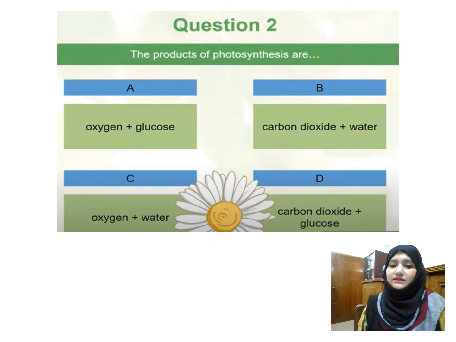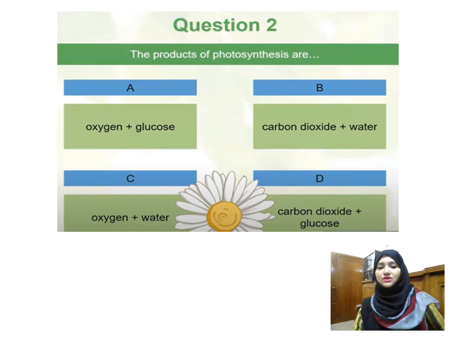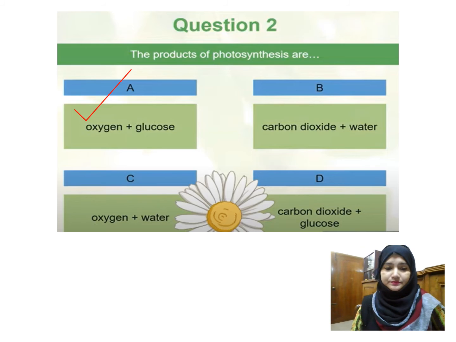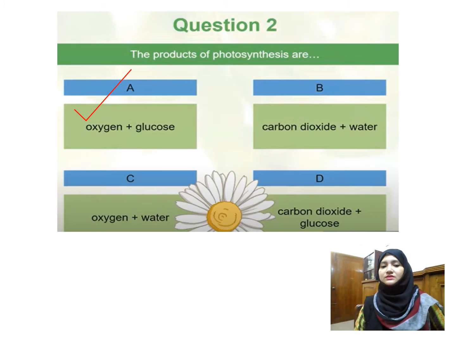Try to remember the photosynthesis reaction, then you can remember this. The right answer is oxygen and glucose produced during the photosynthesis reaction. Glucose, that means sugar, is produced and oxygen is released into the air. That's why A is the right answer.